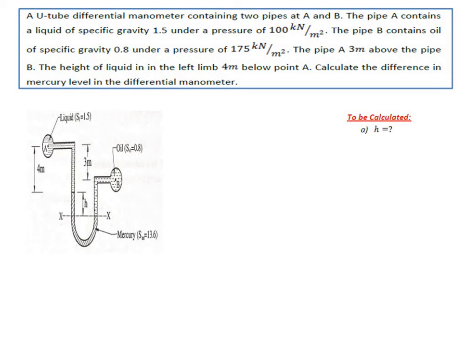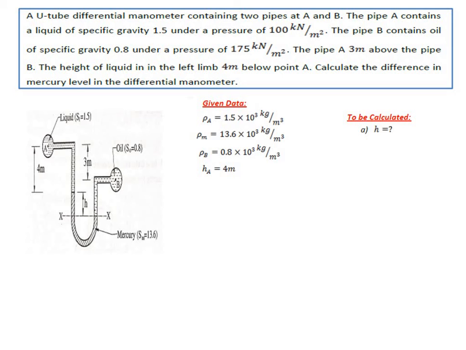Okay. Now here A and B are the two pipes. Pipe A is above by 4 meter, so there is a height difference between the reservoirs A and B. Now we have to calculate the difference in mercury level in the differential manometer. So the density of fluid A is nothing but 1.5 into 10 to the power 3 kg per meter cube.